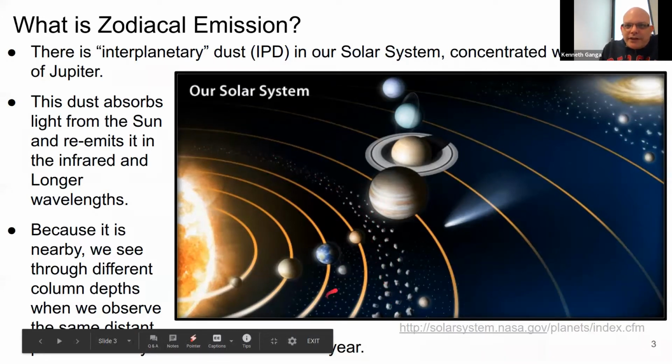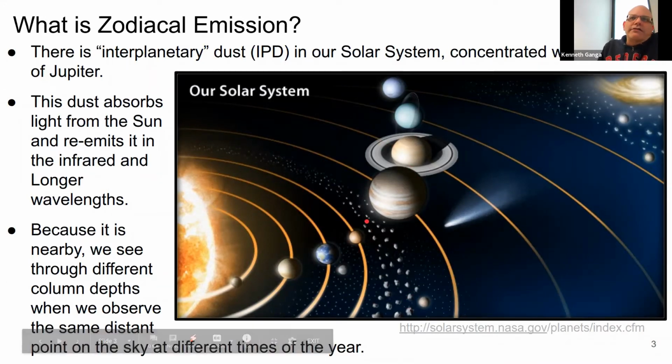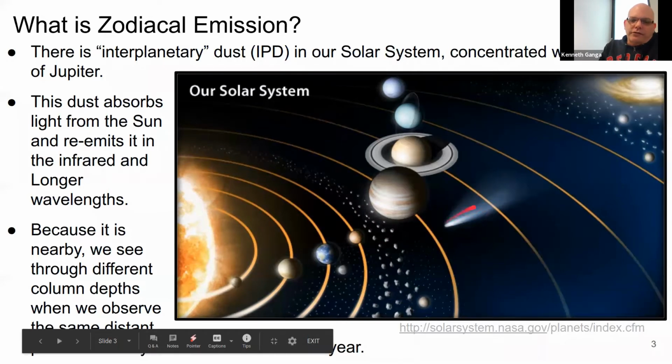And I don't know if you can see these little dots here, but these are supposed to represent interplanetary dust. There is dust throughout the solar system. They think, and it's not really me, I don't do this, that most of it comes from collisions among these asteroids and stuff that's basically exhaust from comets.